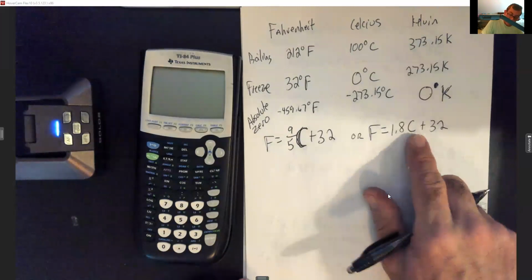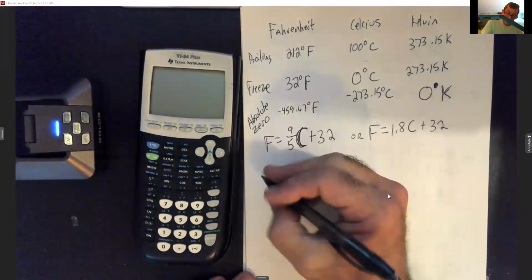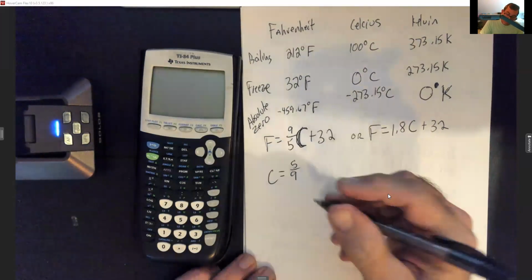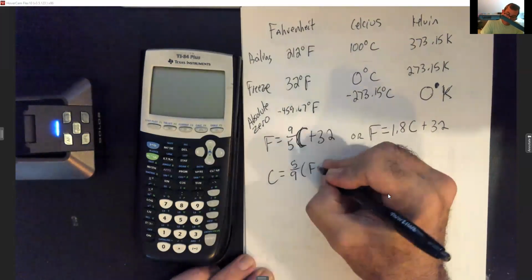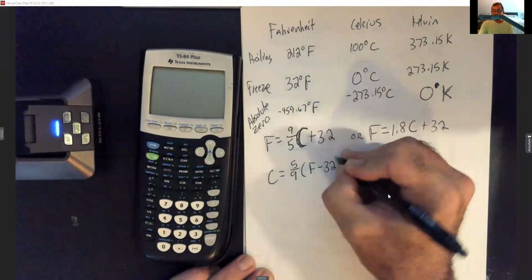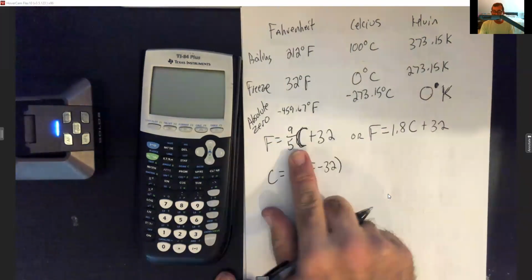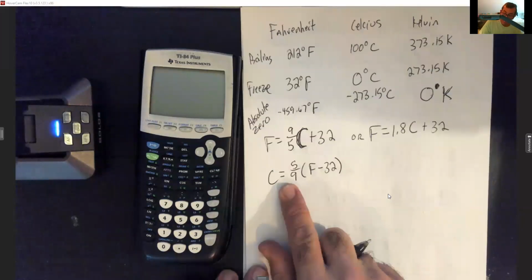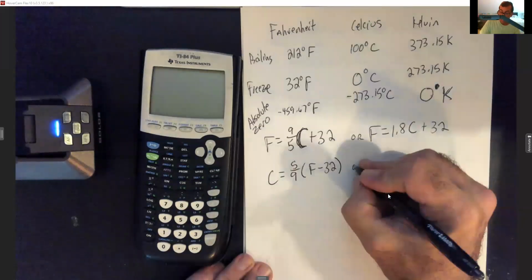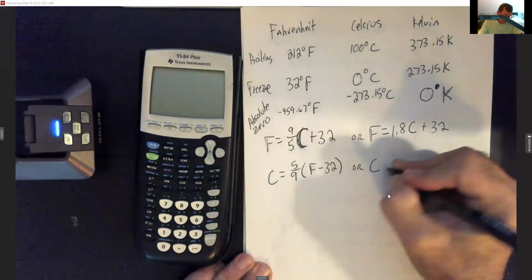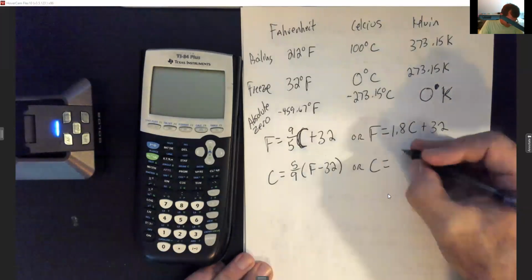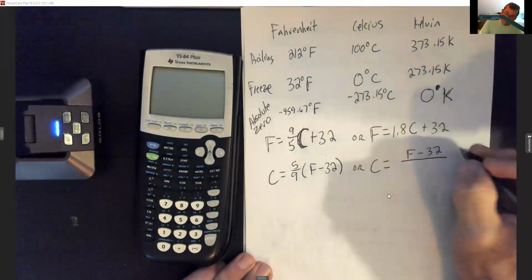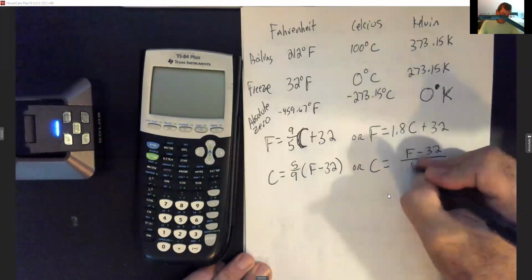Now we can go to Celsius. Celsius equals 5/9 parentheses Fahrenheit minus 32. So this one you multiply first, then add 32. This one you subtract first, then multiply by the 5/9. Now, if you like decimals, that would be C equals F minus 32 divided by 1.8.